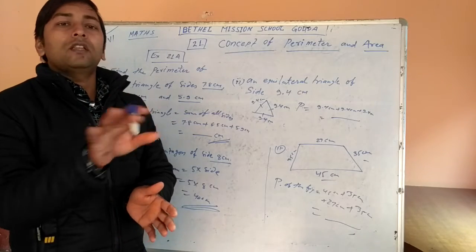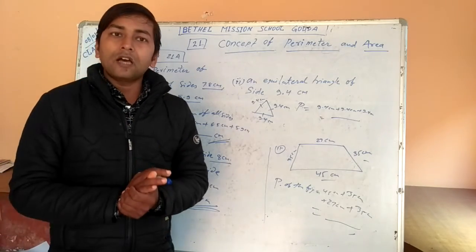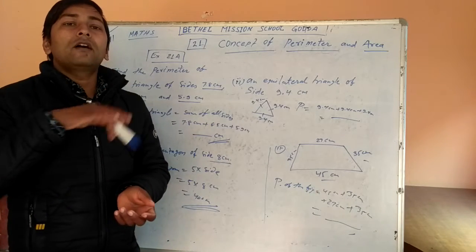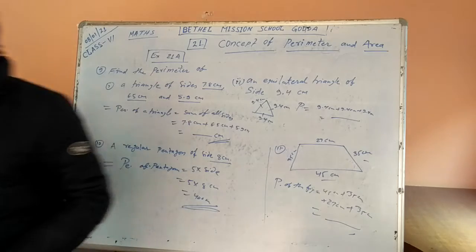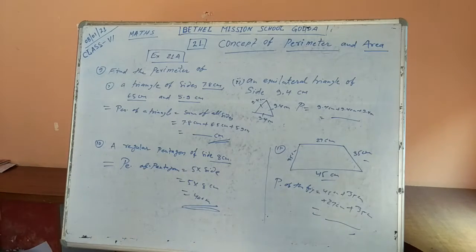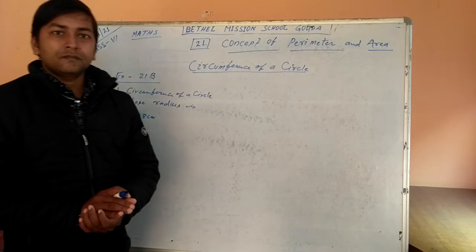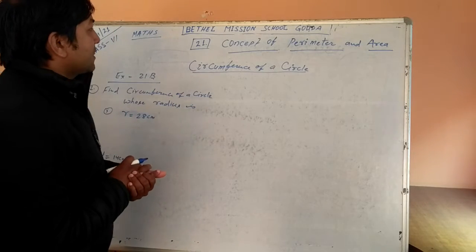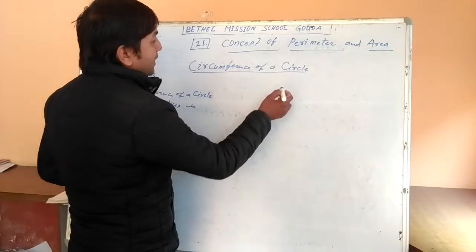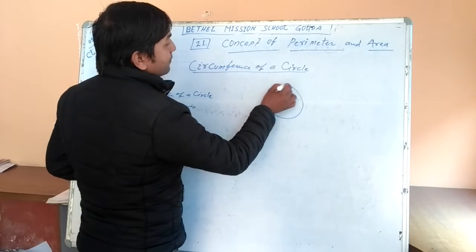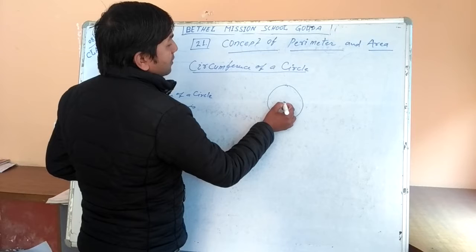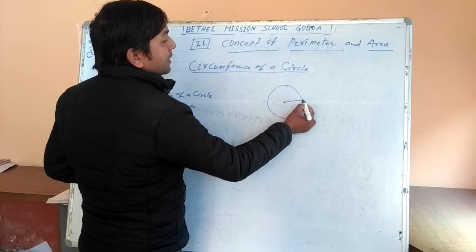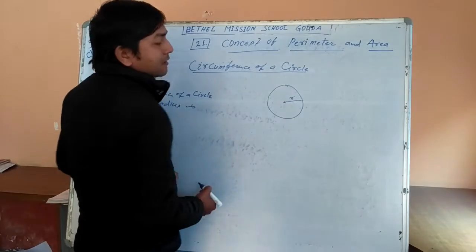Okay, after adding all the sides, now we are going to learn about the circumference of a circle. You know already the circle. It has a center, and from the center to the circle it is called the radius.